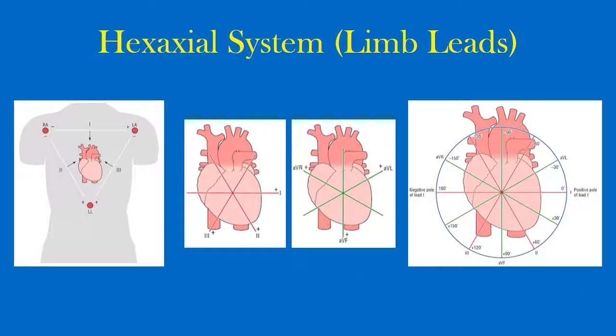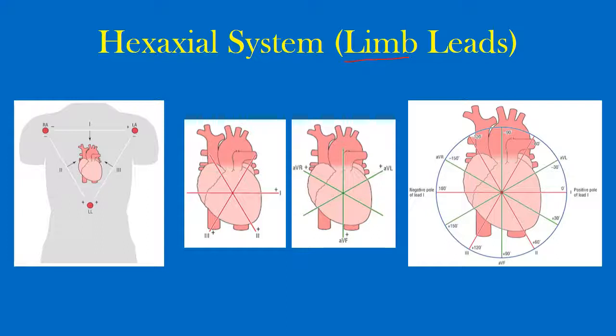So there are two lead systems, the hexaxial, or the limb leads, and the precordial system, or the precordial leads. The hexaxial system is a coronal cut that consists of 6 limb leads: 1, 2, 3, AVR, AVL, and AVF.